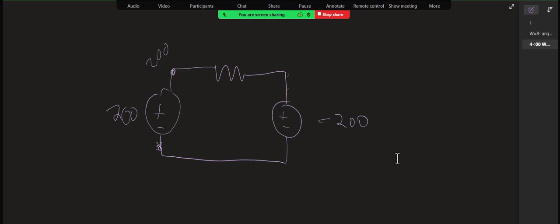On this side, I know that the top is negative 200 more than the bottom, because this is negative 200, and so I know that the top here is really 200 less than the bottom.